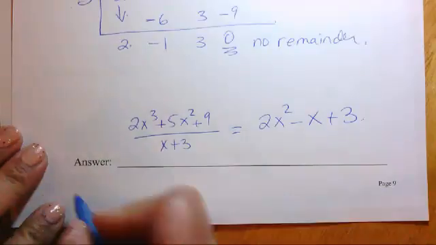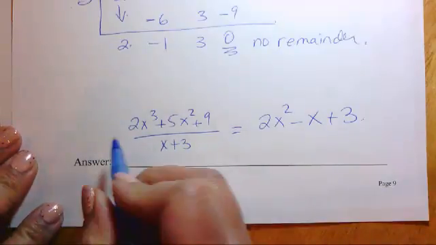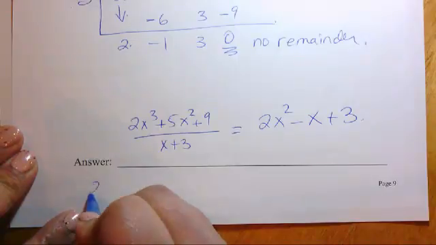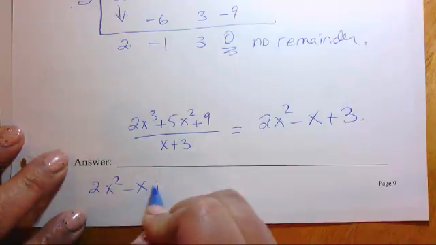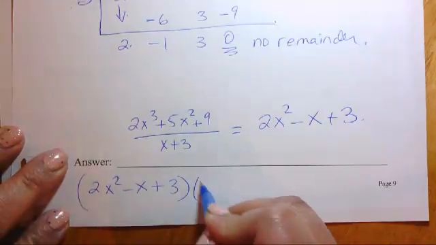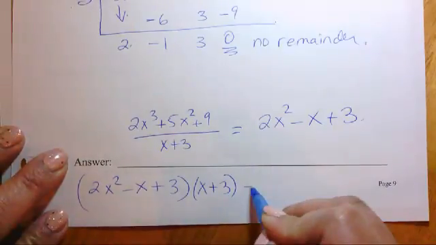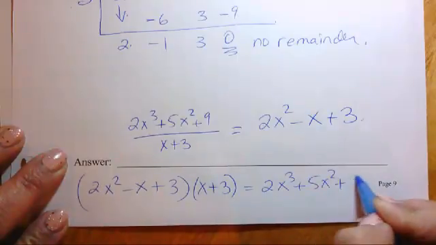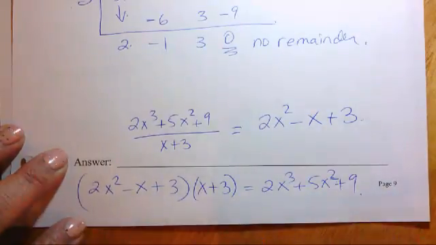You could also write it like this: 2x squared minus x plus 3. And if you were to multiply that back out with the divisor, we would end up with 2x cubed plus 5x squared plus 9.